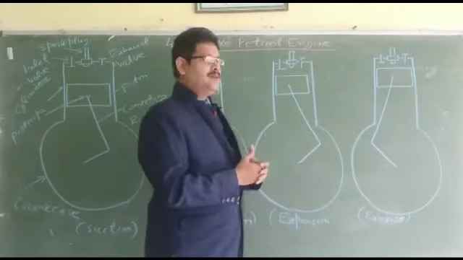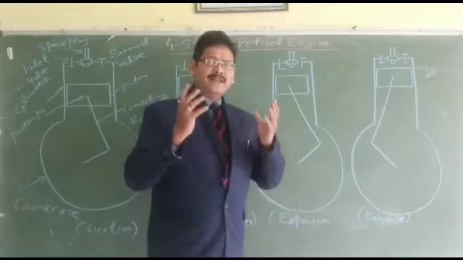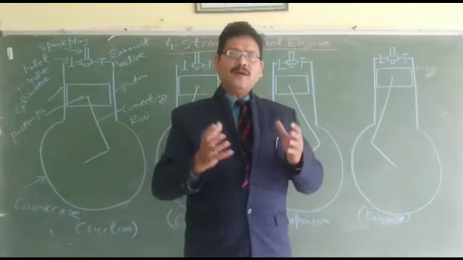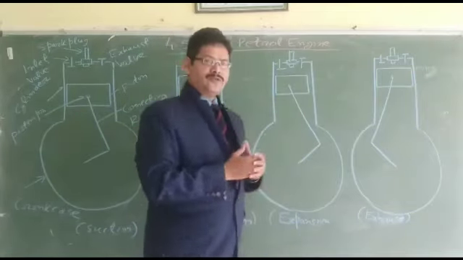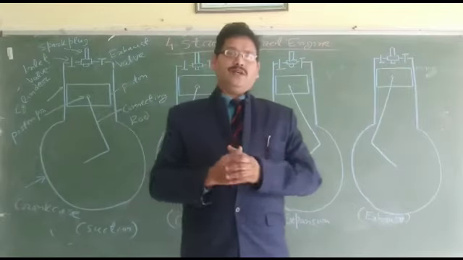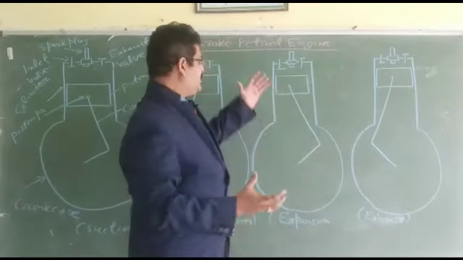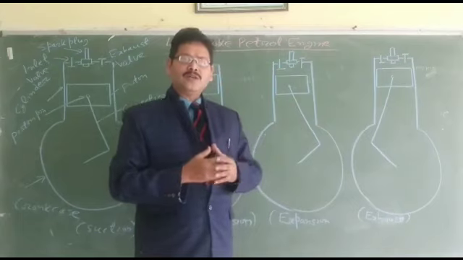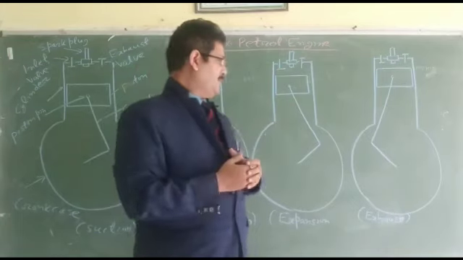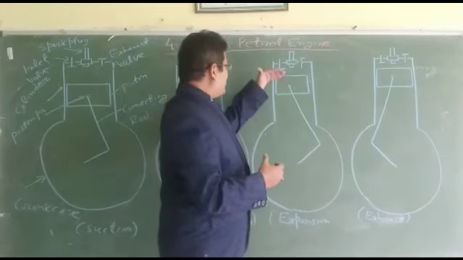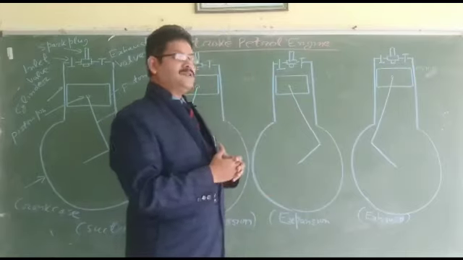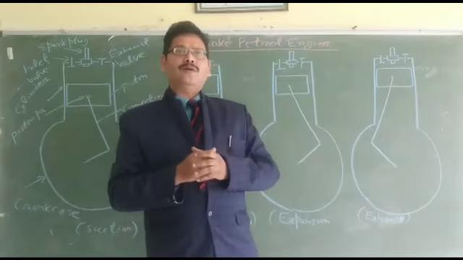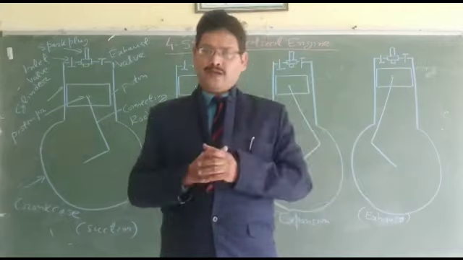We call it power stroke because the entire power is developed during this expansion stroke. We call it working stroke because this is the only stroke which contributes towards the power development. The power that is developed during this expansion stroke is stored by a component which is known as your flywheel.